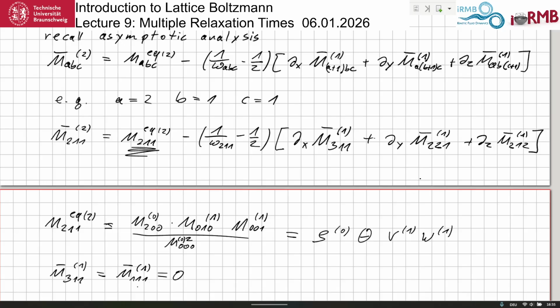Because if there's no non-equilibrium part to first order, and if you write down its equilibrium to first order, only one of them could be non-zero, and so it will disappear. So M211, we are already to first order, we are in exercise time already. Can you tell me out of your mind what this would be?